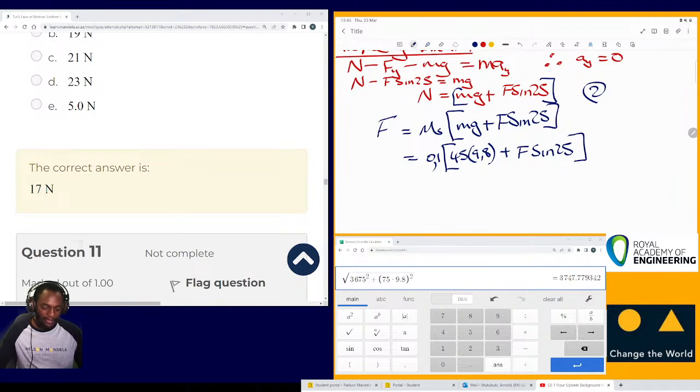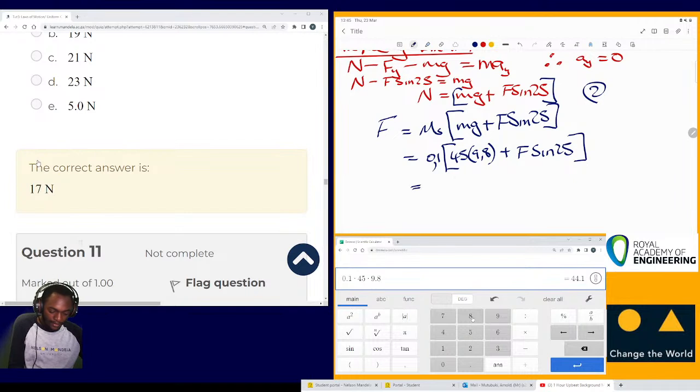Now we multiply, open our bracket. Where is my calculator? So that becomes 0.1 times 45 times 9.8. We get 44.1 plus 0.1 sine 25.